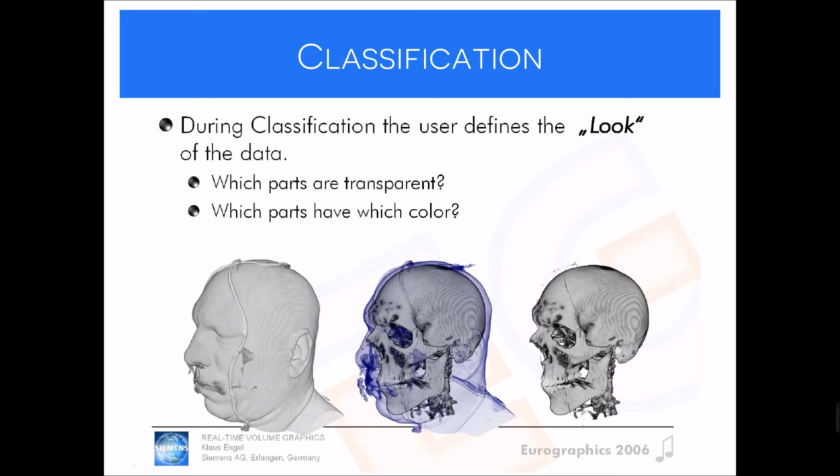What this comes down to, and this leads me to the last part of this lecture, is that volume rendering really is a classification task. That's where it goes a little bit into the machine learning and data mining area. You need to define on the fly which parts are transparent and which parts have color based on the value that you interpolate. So you have to classify that.